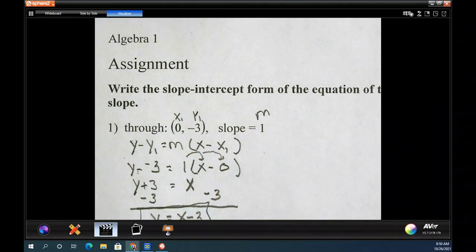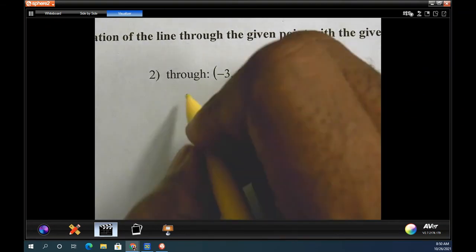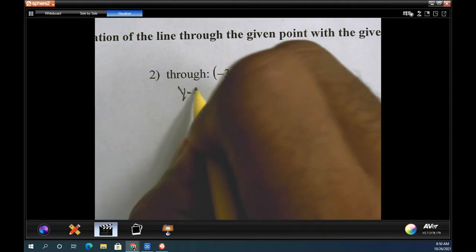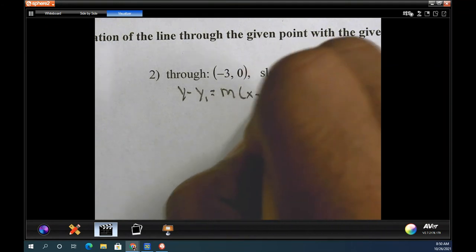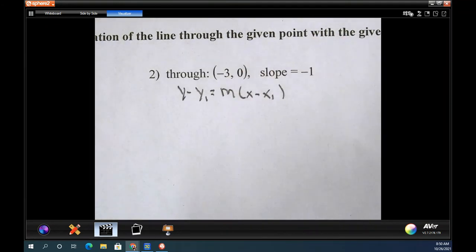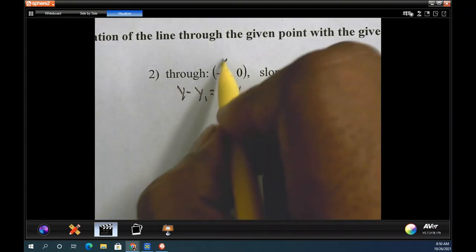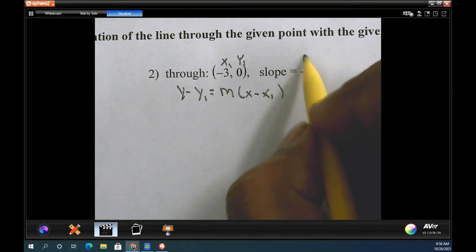Okay? Now, let's look at another one. Negative 1. Different point this time. All right, here's our formula. y minus y sub 1 is equal to m times x minus x sub 1. Okay, substitute it in. Here's your x1, y1. Here's your m.